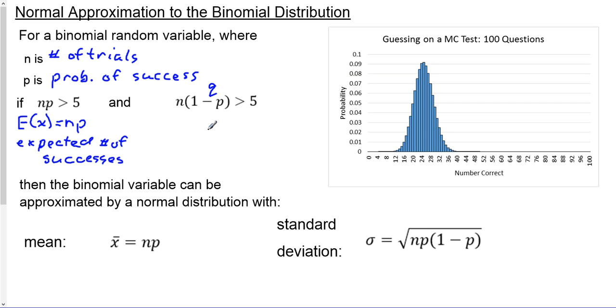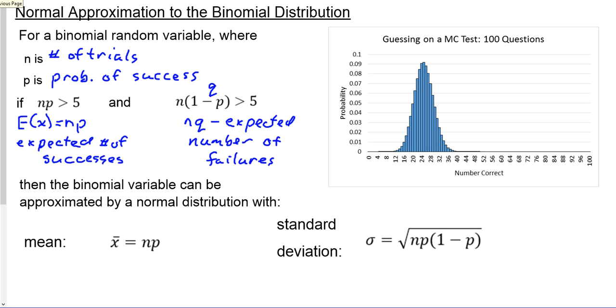And over here, n times 1 minus p, or nq, of course, is the expected number of failures. So if the expected number of successes and the expected number of failures are both bigger than 5, then you can use the normal distribution to approximate the binomial distribution.